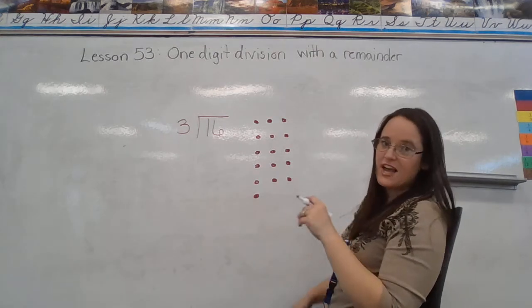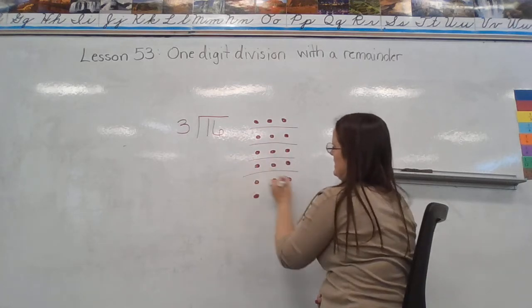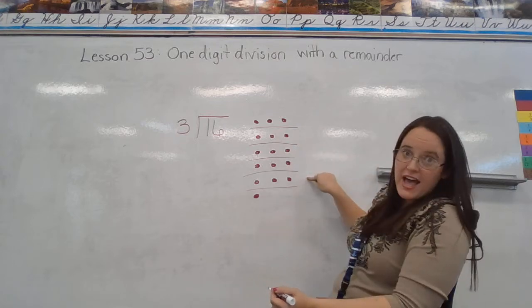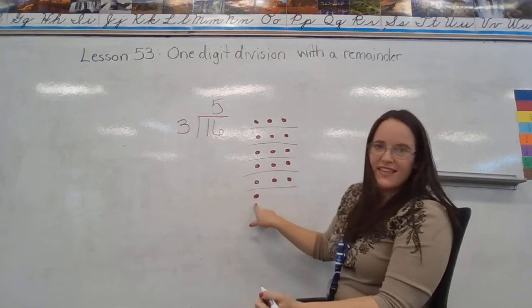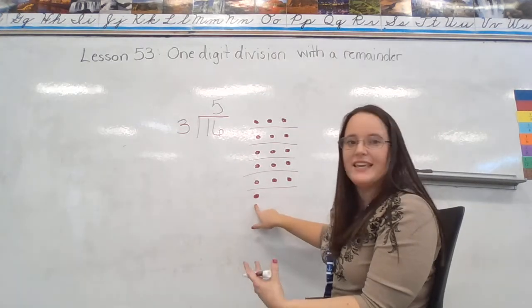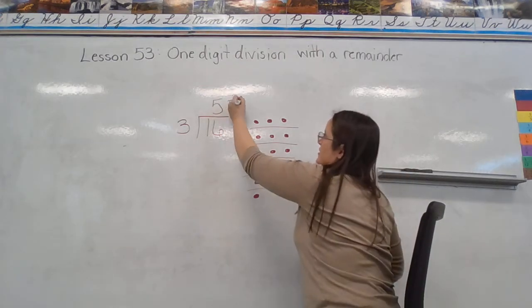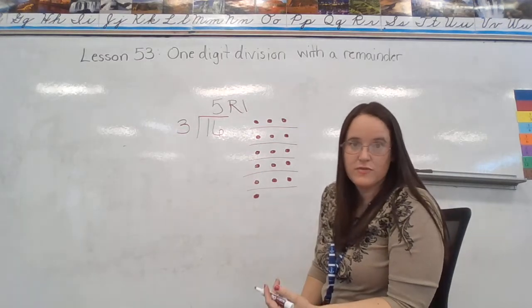There's my 16 dots. I can see that I have 5 groups of 3. But then I've got this one left over. It remains. It is the remainder. And I would write my answer, capital R, 1 is the remainder.